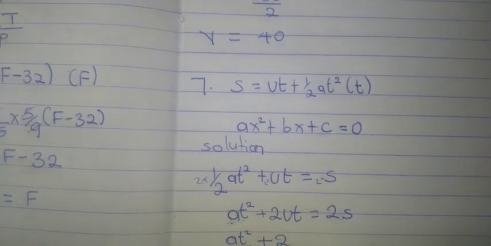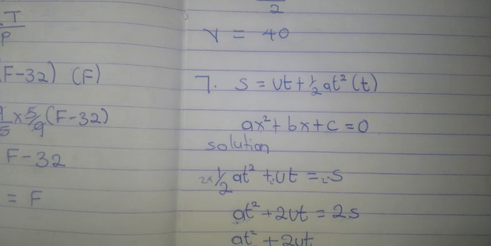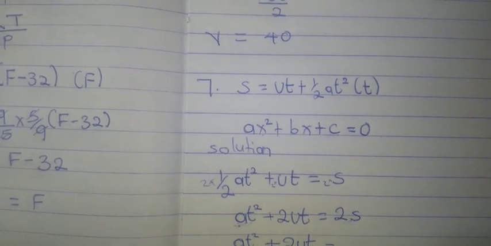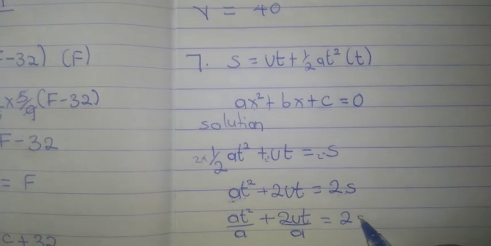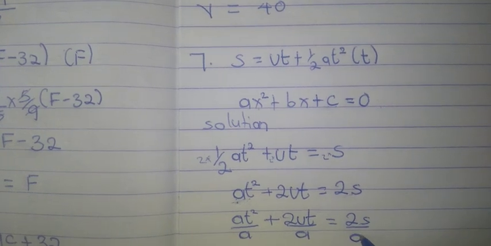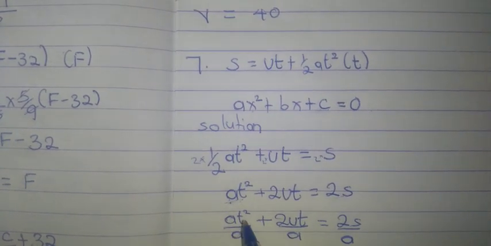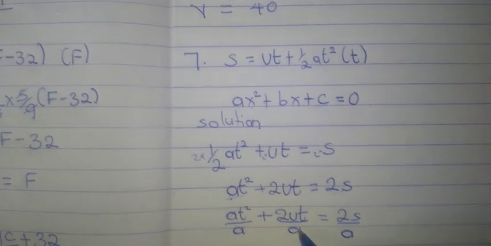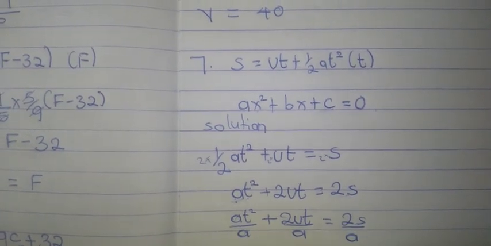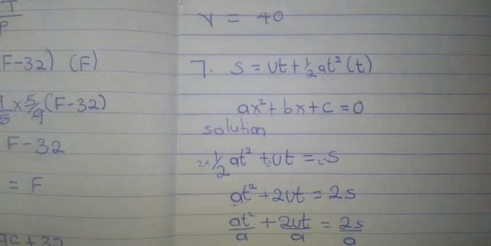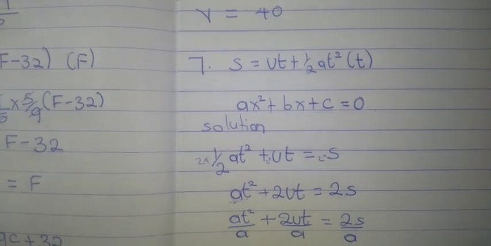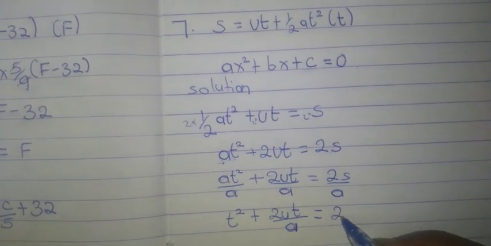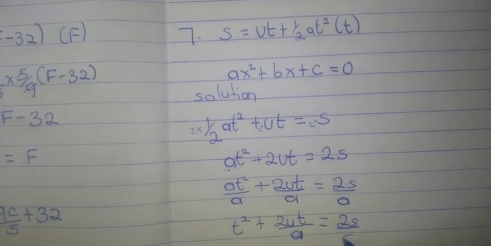So plus 2ut, I also divide by a, equals 2s, which I also divide by a. So we find that this a cancels out with the a. We remain with t squared plus 2ut over a equals 2s over a.